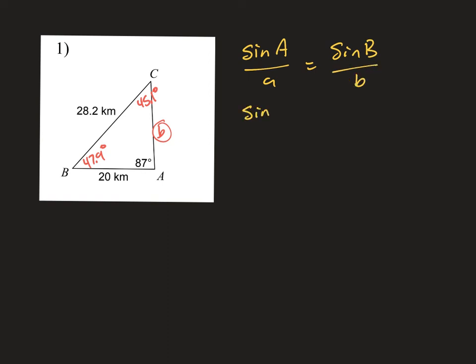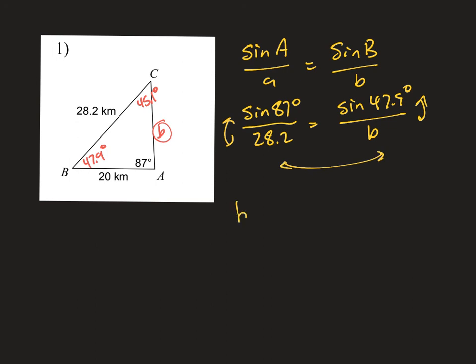The numbers are going to be sine of 87 degrees over 28.2 kilometers equals sine of 47.9 degrees over letter B. Again, I've done this before. We'll do the old switcheroo just to isolate B. And end up with B over sine of 47.9 equals 28.2 over sine of 87.